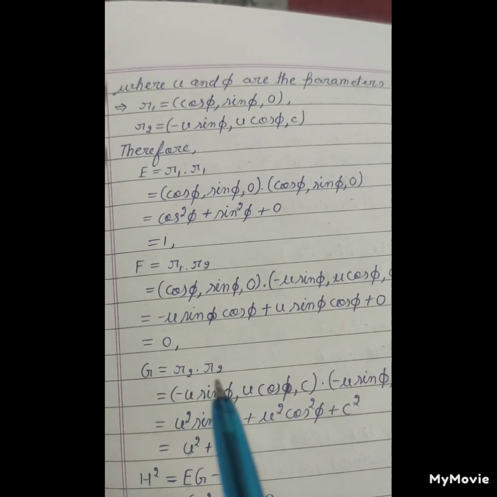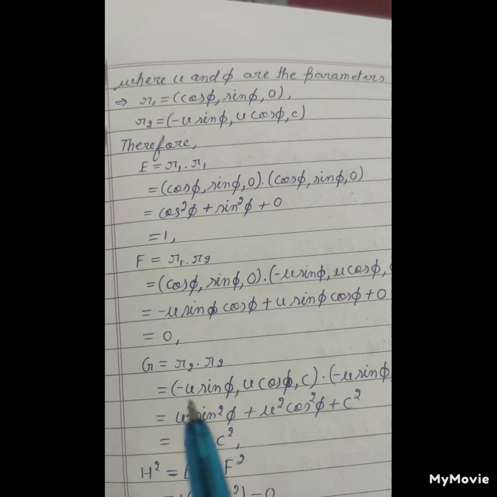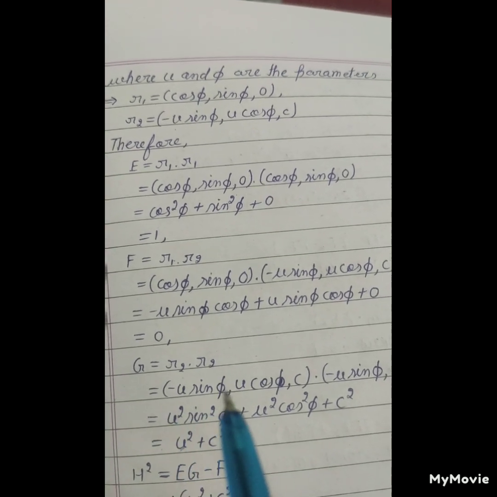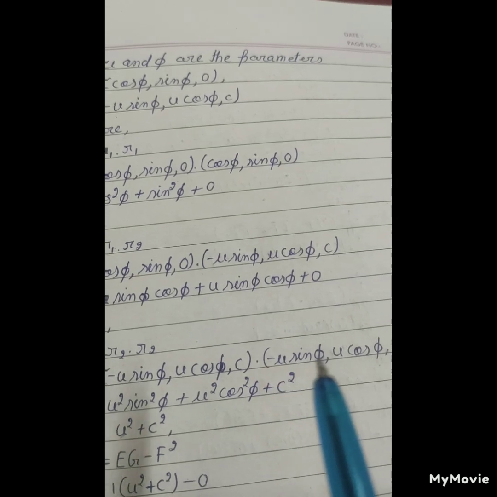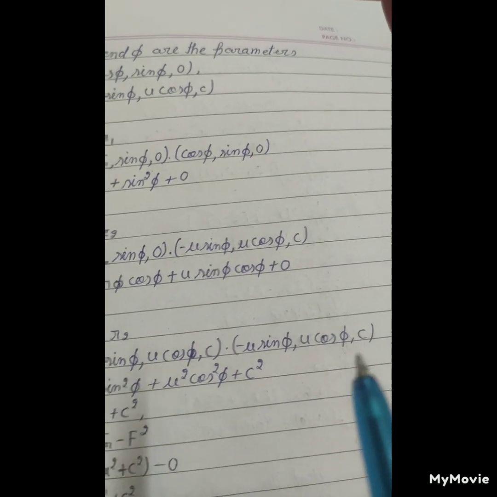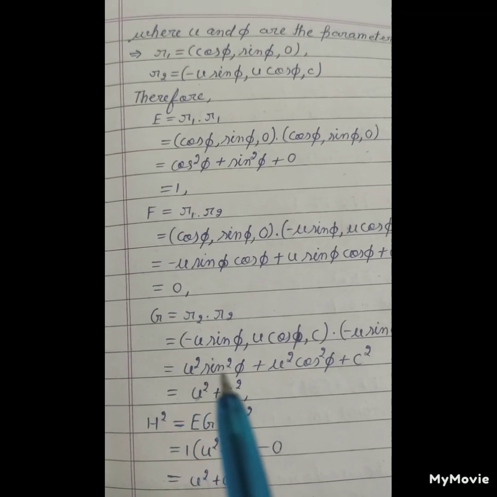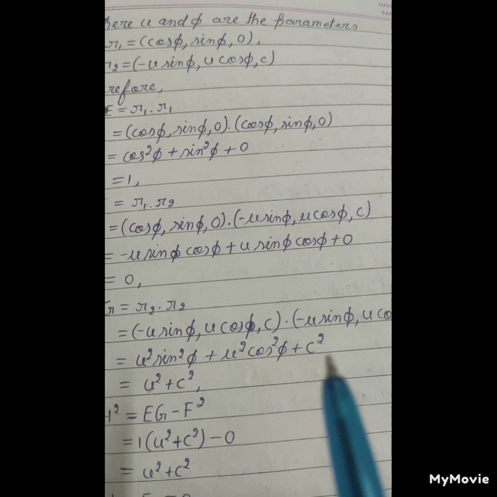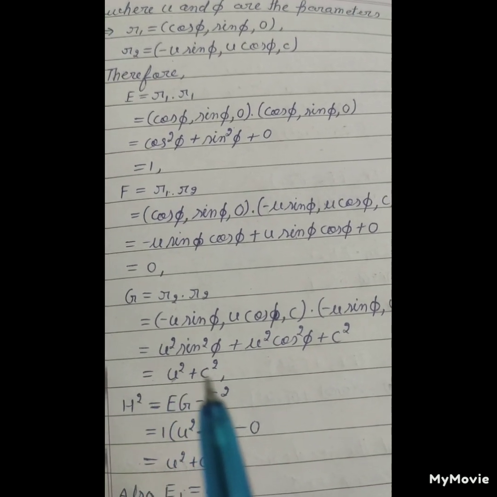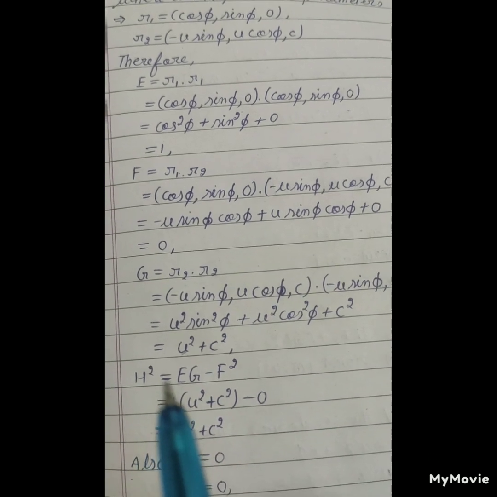G equals r2 dot r2 equals (−u sin φ, u cos φ, c) dot (−u sin φ, u cos φ, c) equals u² sin² φ plus u² cos² φ plus c² equals u² plus c².